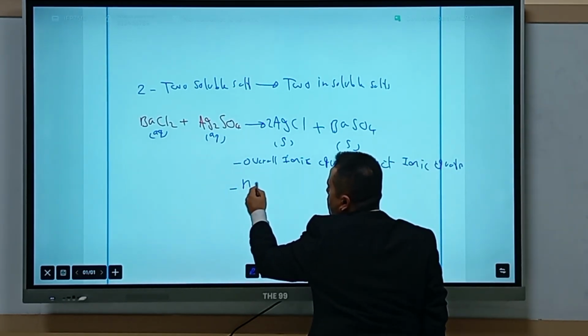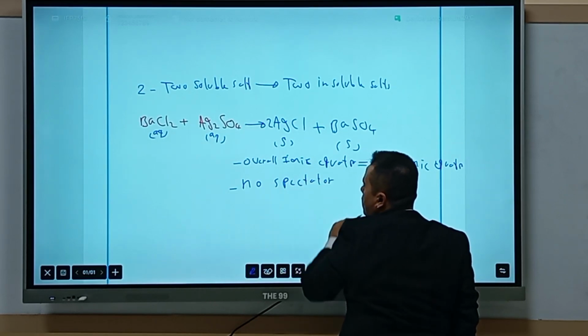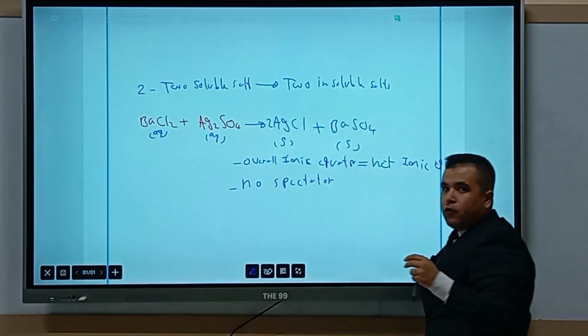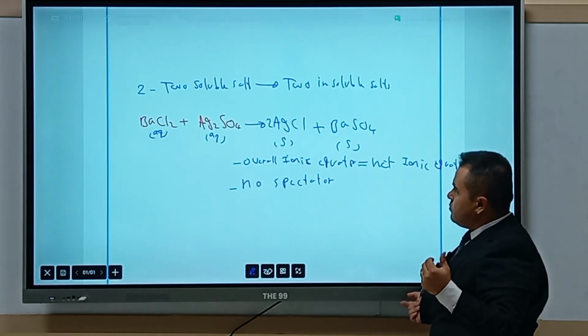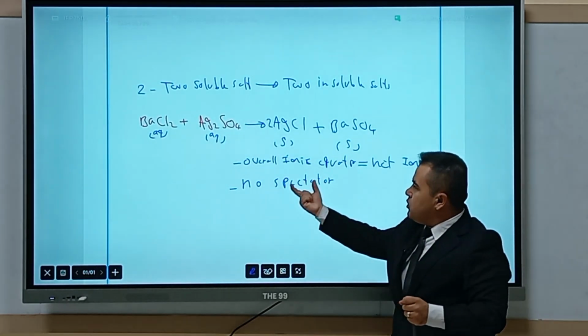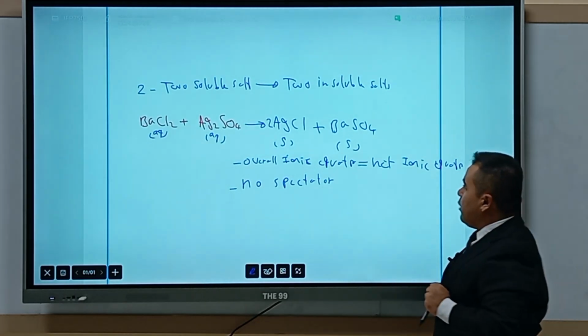Second, there is no spectator ion. And of course, the reaction occurs between those two salts. This is important to be known. There is no spectator, and the overall becomes the net ionic equation.